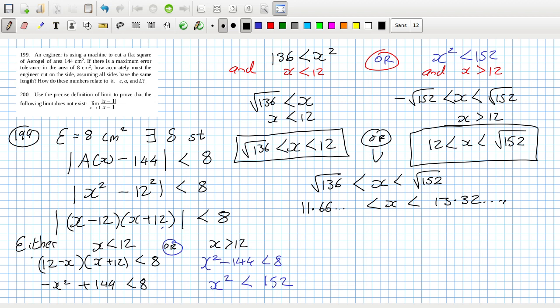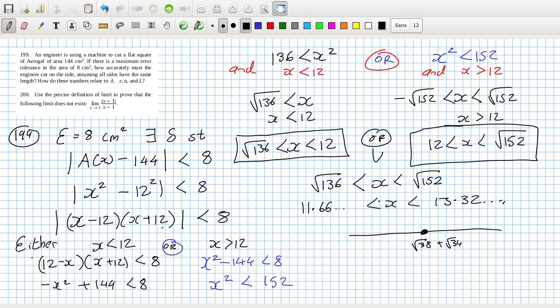So let's see. The middle of these two is root 38 plus root 34.